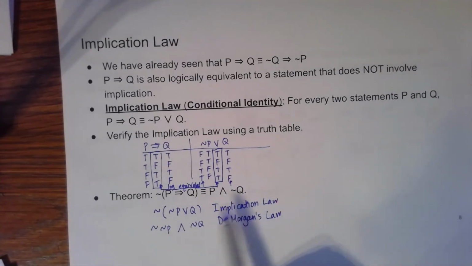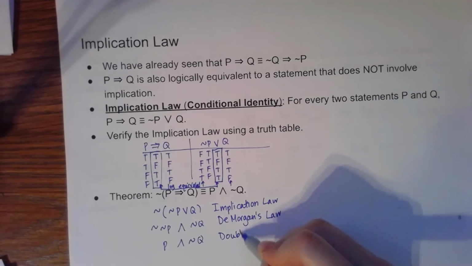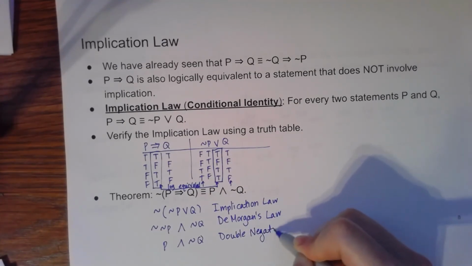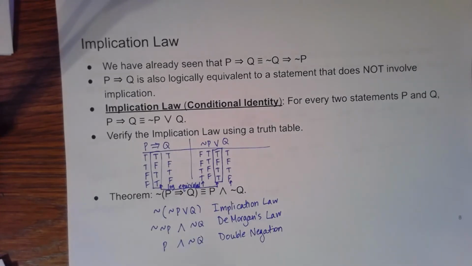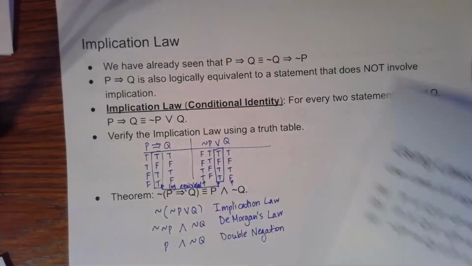Now it almost looks like we have the and, we have the not Q. We just need to replace the not not P with P. Not not P is logically equivalent to P, so we can replace that, and that is the double negation law. And so that is a proof that what we started with up here is logically equivalent to the value that we have at the end, and maybe just a little less tedious than doing some truth tables. I kind of like these.